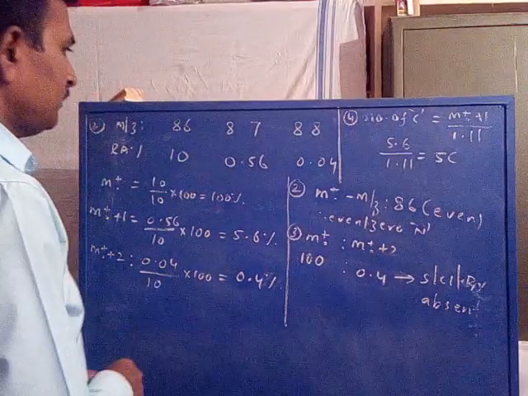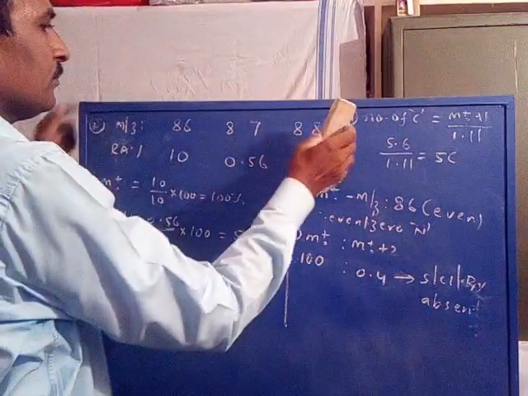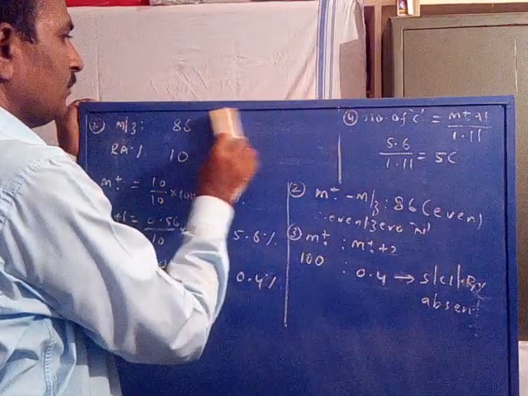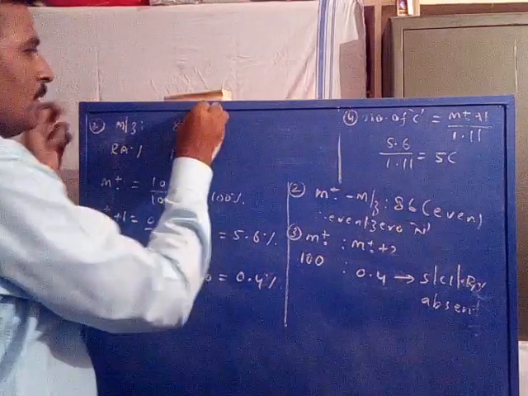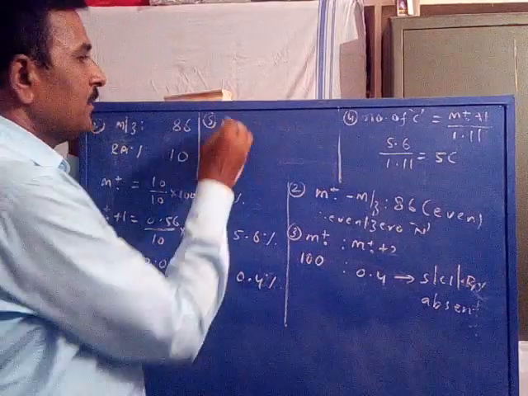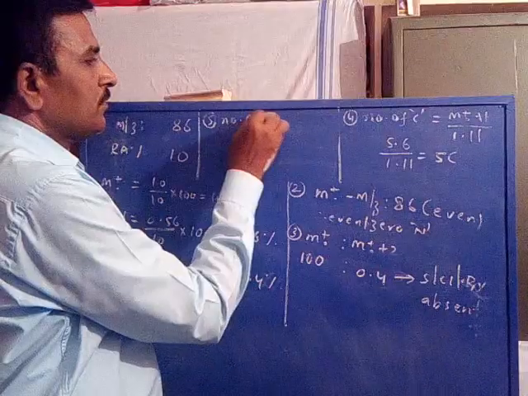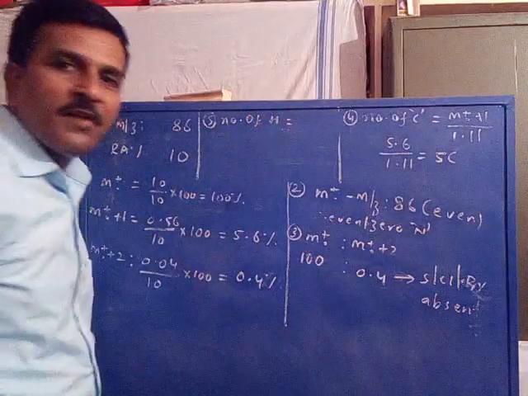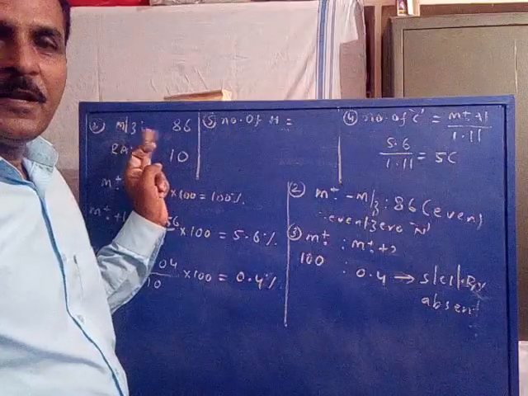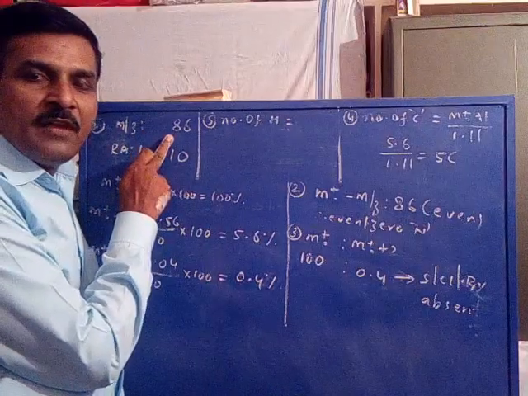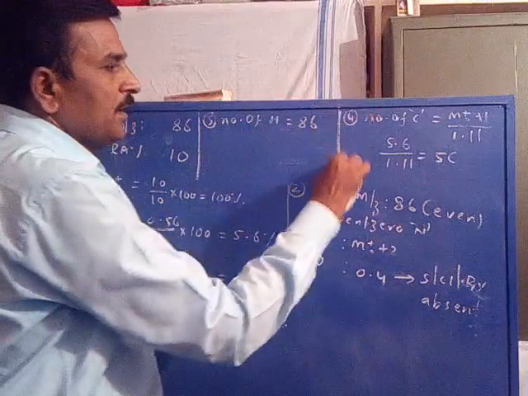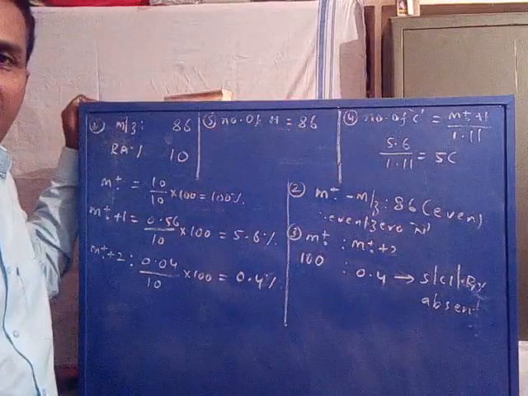Next, the fifth guideline: number of hydrogens. The number of hydrogens is calculated from the M/Z value of the molecular ion, which is 86.